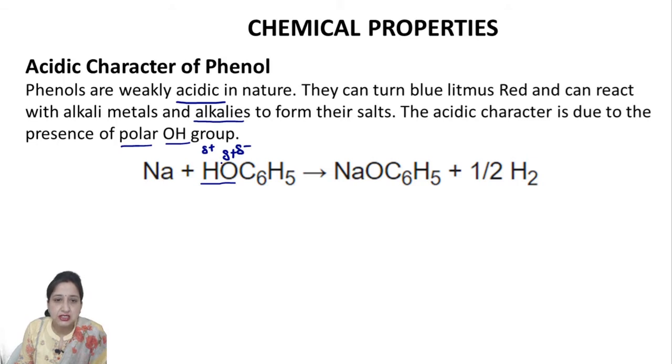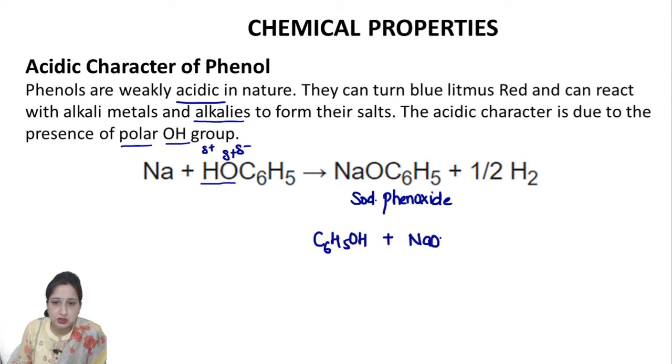So the release of H as positive is possible, and this sodium takes place of this hydrogen and we get sodium phenoxide. So this is your sodium phenoxide and hydrogen is released. Okay? So similar reaction is also given by the treatment of phenols with alkaline solutions like NaOH.